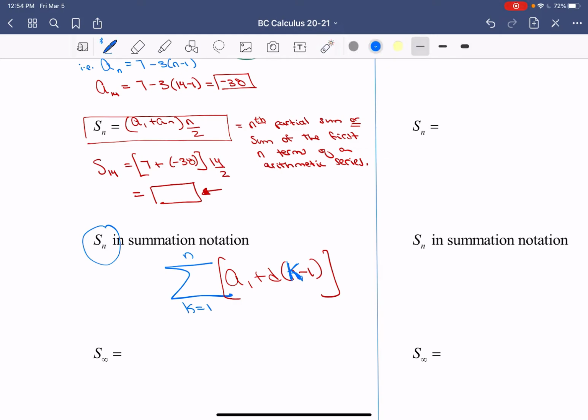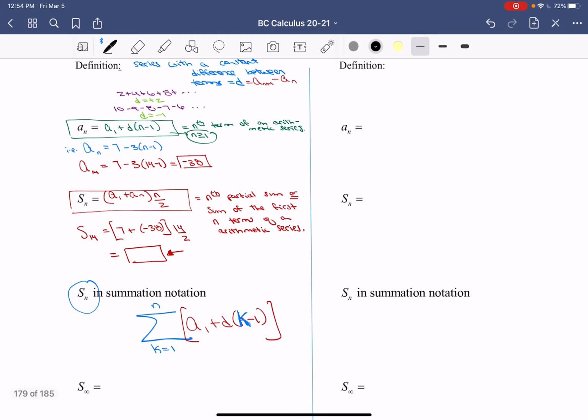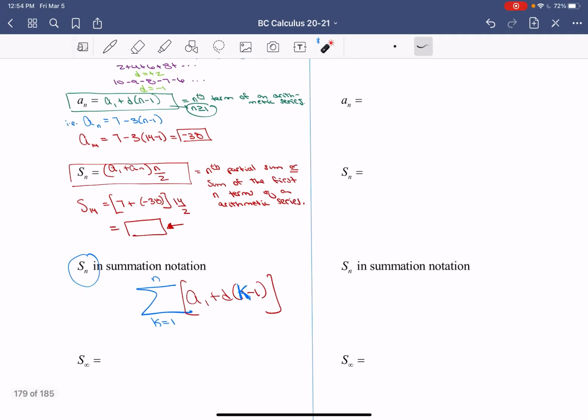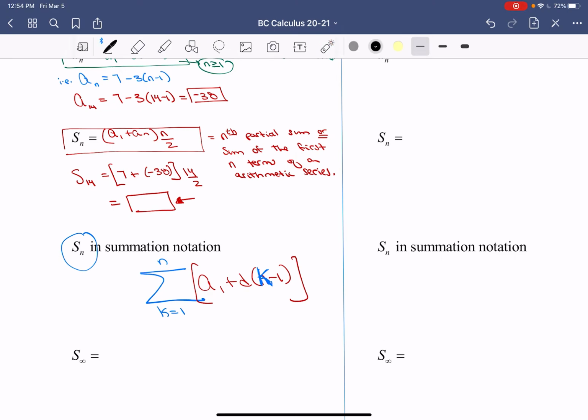So if you want to write this sum here, the example I gave, with this particular sum, where each term is described as thus, in this case we could say the summation from k equals 1 to, let's say here I just want to talk about the 14th partial sum.